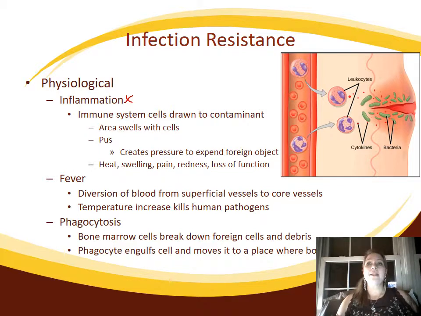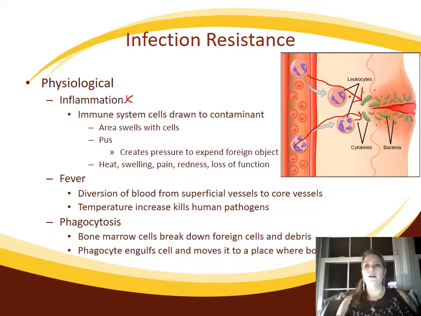So what happens in inflammation is that the immune system draws cells called leukocytes to the source of the contamination to try to fight that contamination. All of those cells are going, oh, hey, dude, there's something here that does not belong.